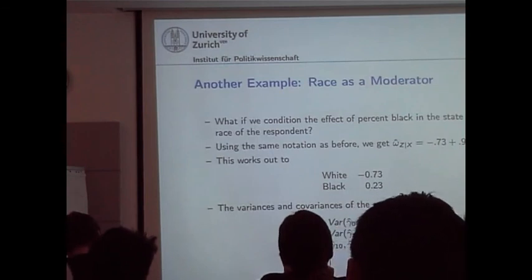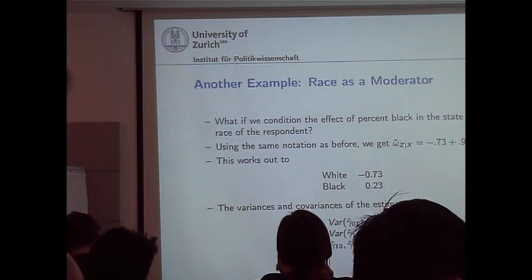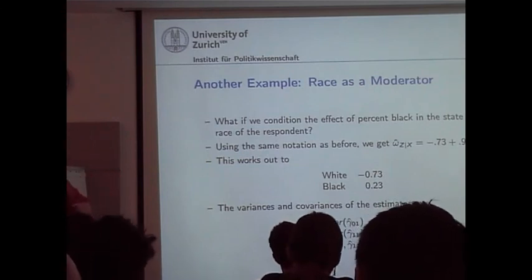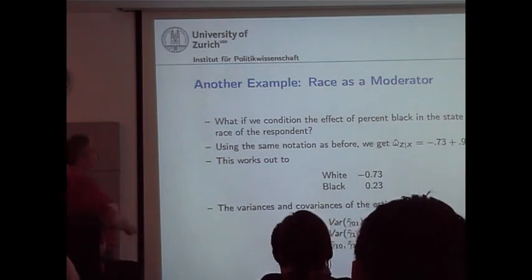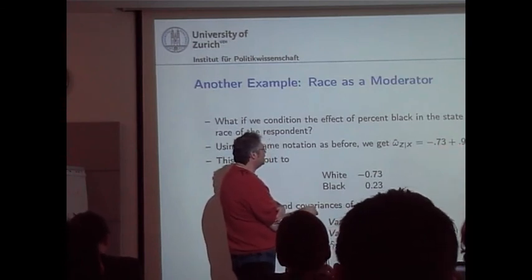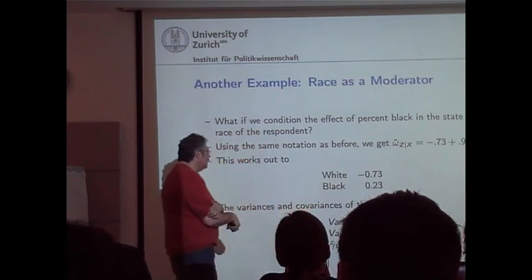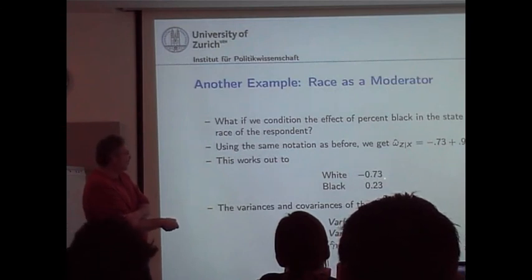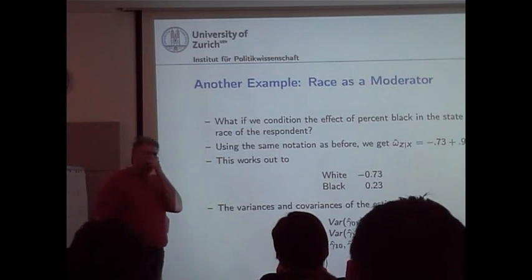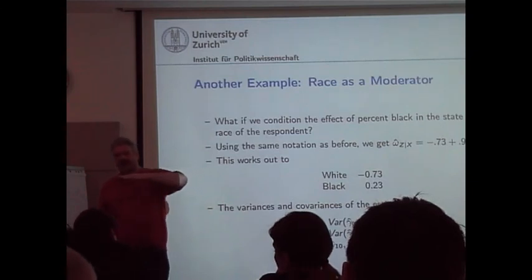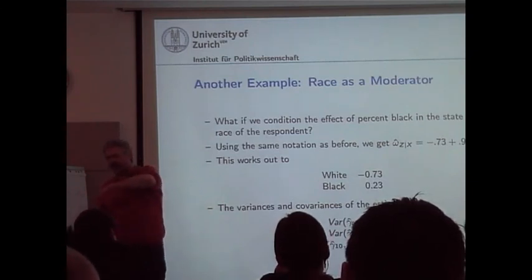Now, you could also reverse this, and you could say, well, what is the effect of percentage black on the average evaluation of Obama, and do that for whites and for blacks, and then we end up getting this equation, negative 0.73 plus 0.96 times now x, and for whites, x is equal to 0, so you get negative 0.73, which suggests that for white individuals, as the percentage of blacks in the state goes up, they become more and more negative towards Obama.